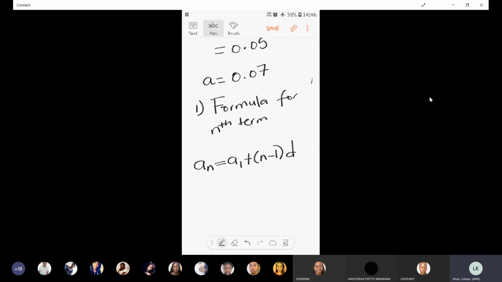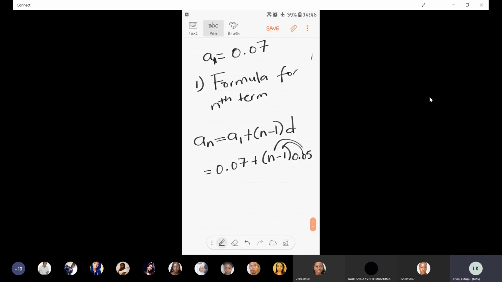A1, which is the one that is given in the question there, 0.07. I'll write this is 0.07, and then I have n minus 1. My common difference, this is 0.05.